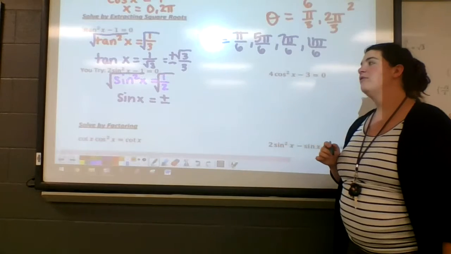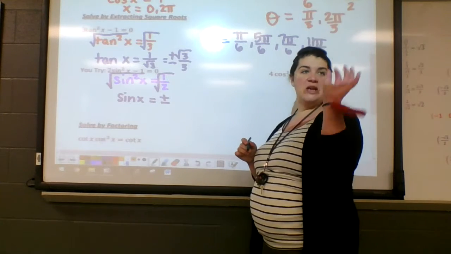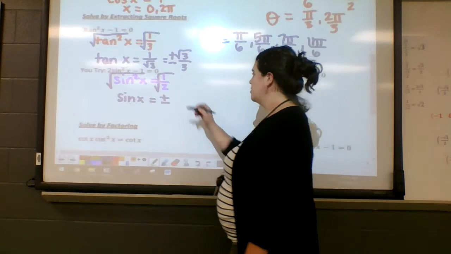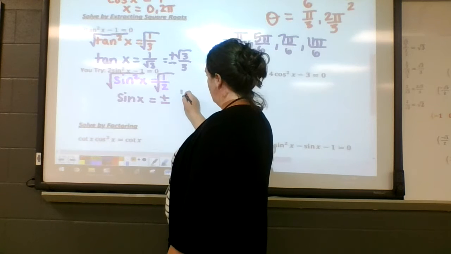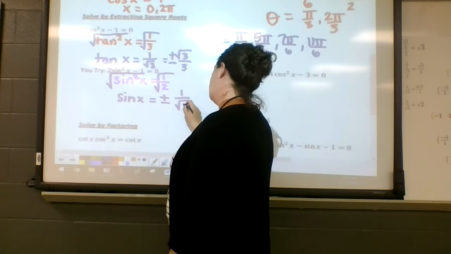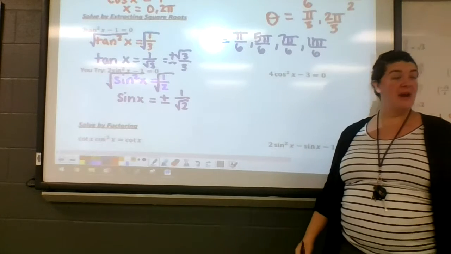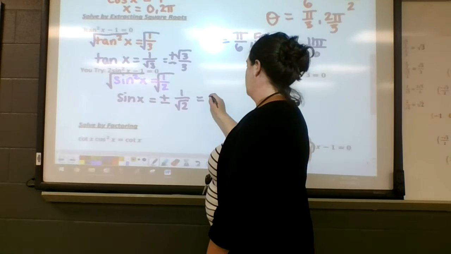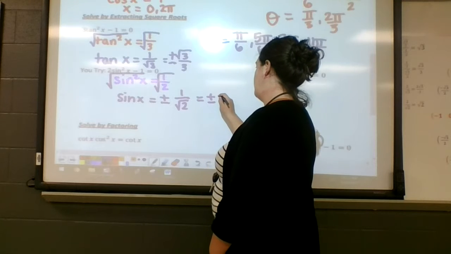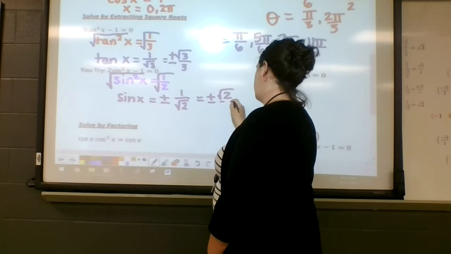And then the square root of a half, you can square root the top and square root the bottom. What's the square root of 1? 1. Square root of 2 is just square root of 2. And 1 over the square root of 2 would actually rationalize to square root of 2 over 2.